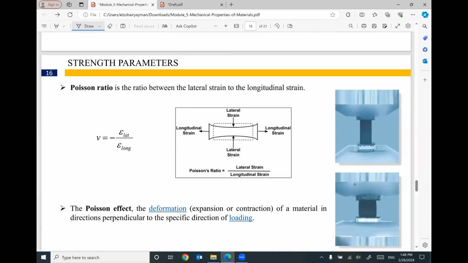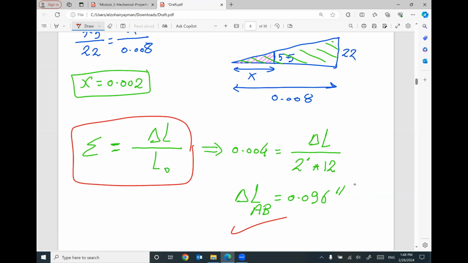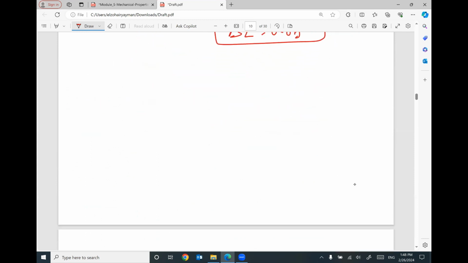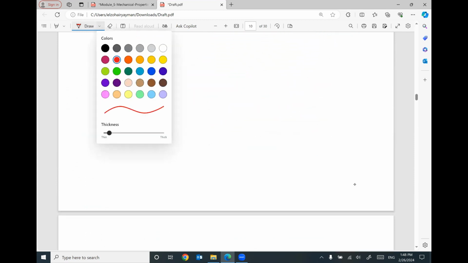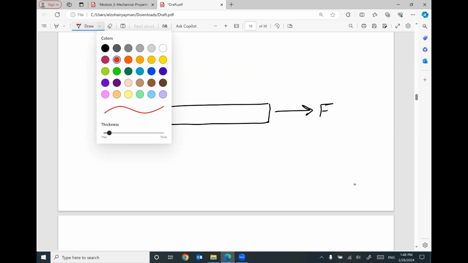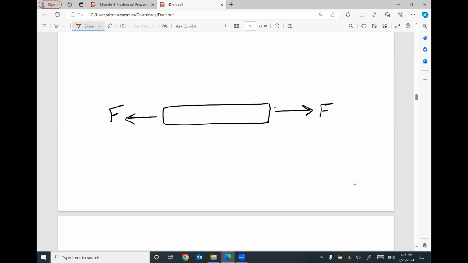Another parameter which is very important, I would like to explain it here first, then I will introduce it. If you have a member under tension, force F, during the tension test, the length of this member will be stretched.